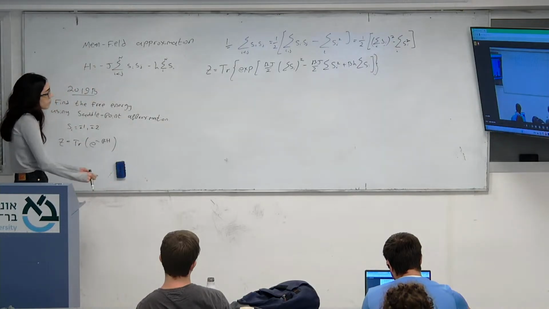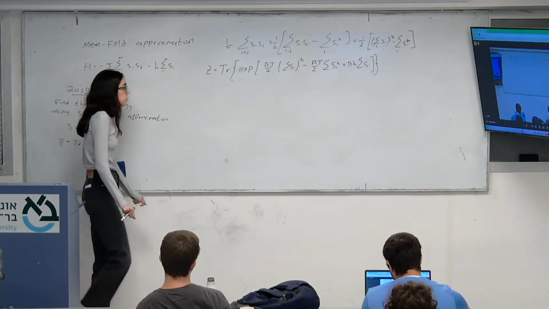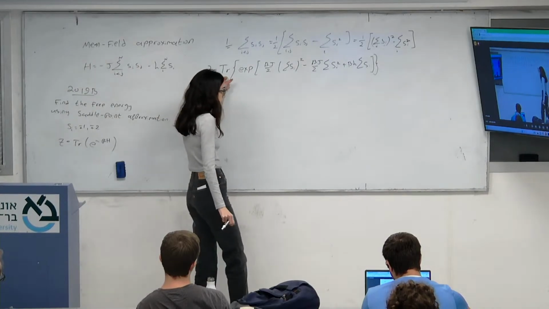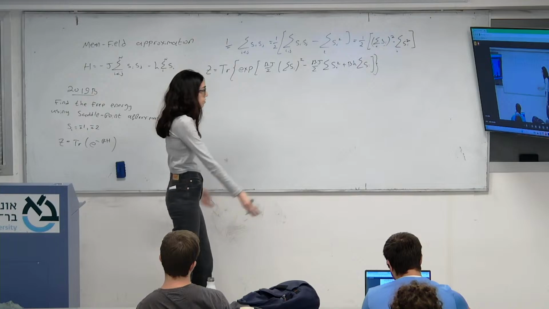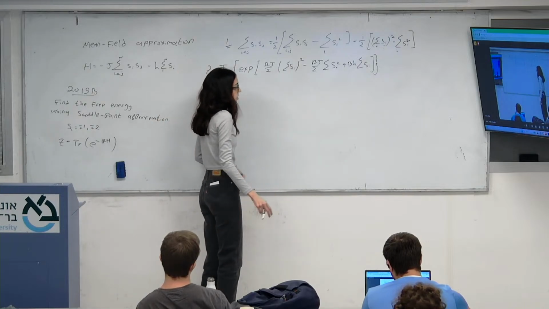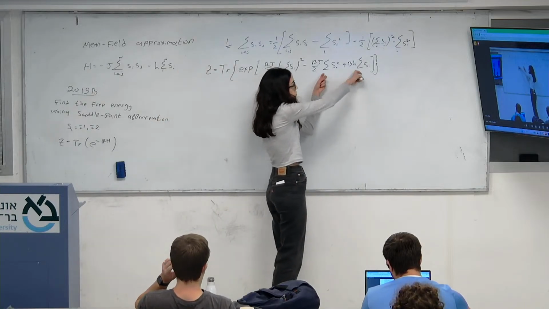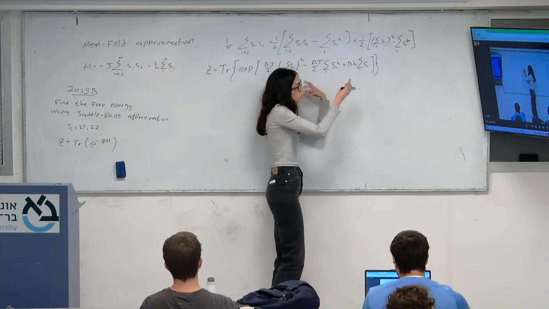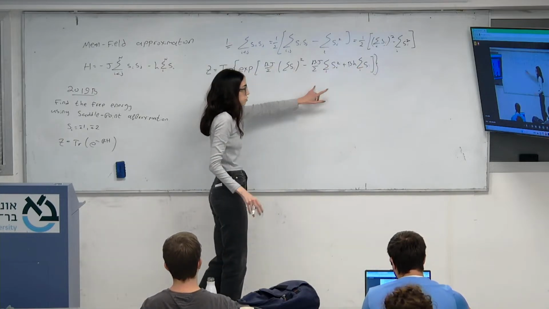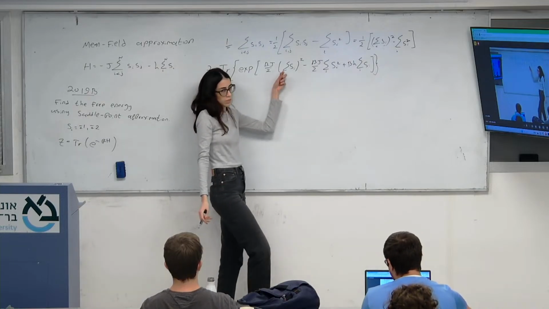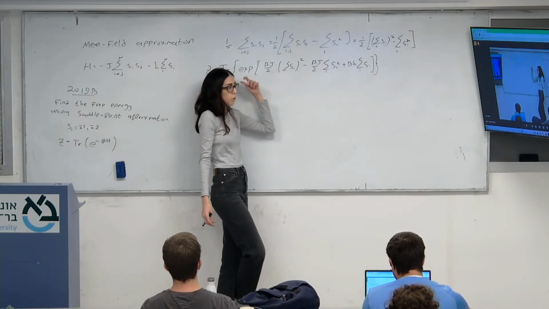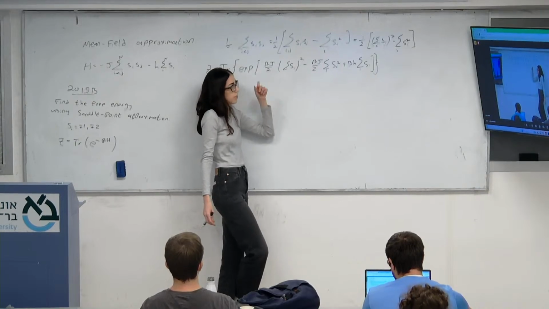Okay, so if I want to calculate the trace of everything that I have inside the exponent, those two terms are going to be quite easy, and if you don't see that, we will do the trace later, so you will see why those are easy. But this one is still more complicated. I still cannot take the trace immediately.